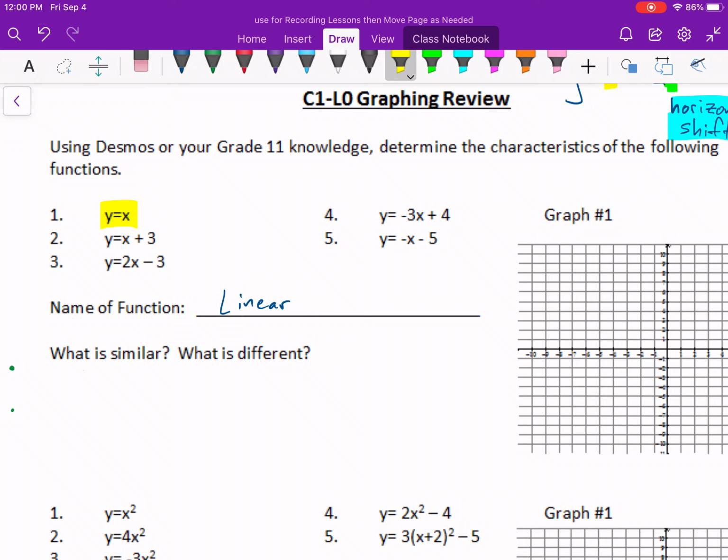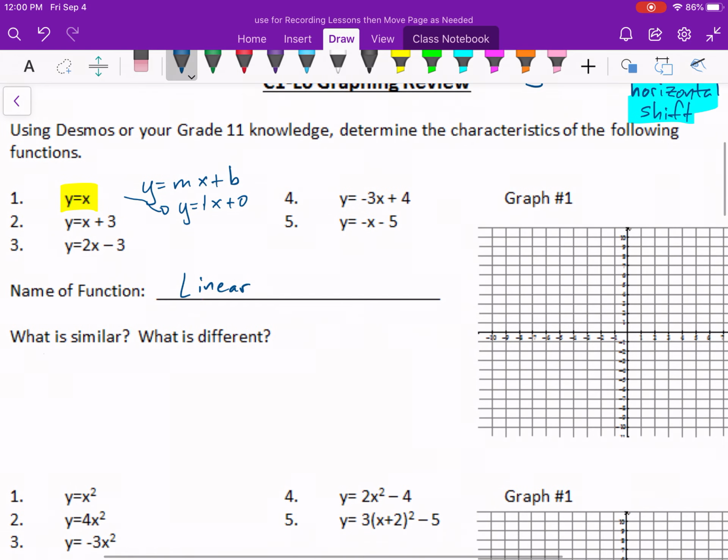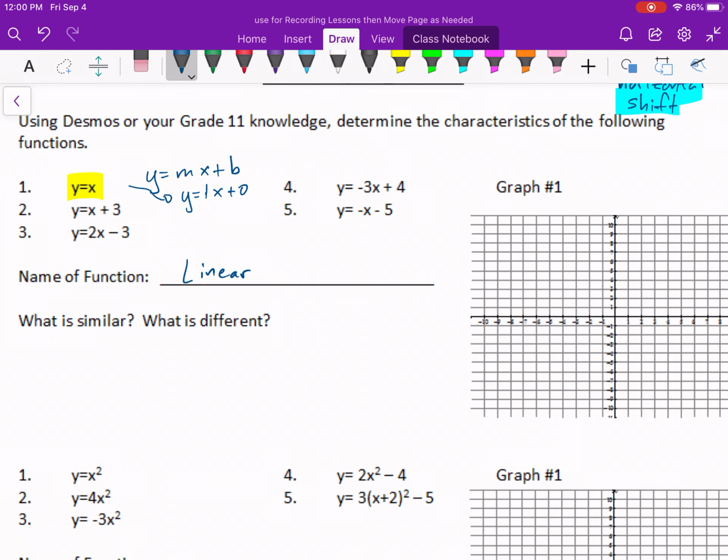We think of it like y equals mx plus b, and in this case, it would be the same as if the equation was actually y equals 1x plus 0, because there's no number in front of the x, it's assumed to be a 1. There's no number after the x, it's assumed to be a 0. Remember, b is our y-intercept, so this one has a y-intercept of 0.